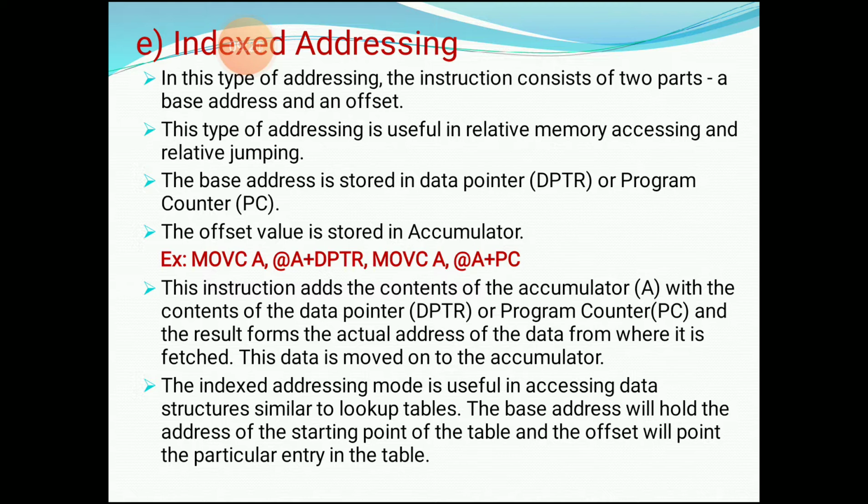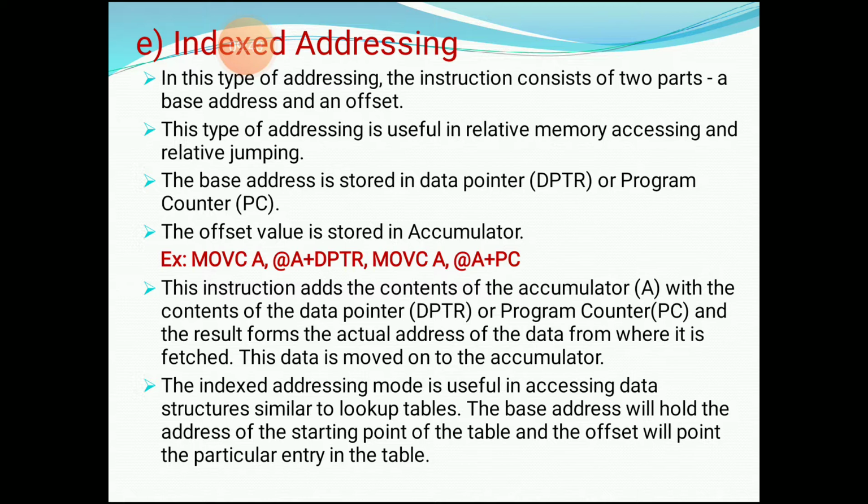This instruction adds the content of the accumulator with the content of the data pointer or program counter, and the result forms the actual address of the data from where the controller fetches the data. This data is moved into the accumulator.